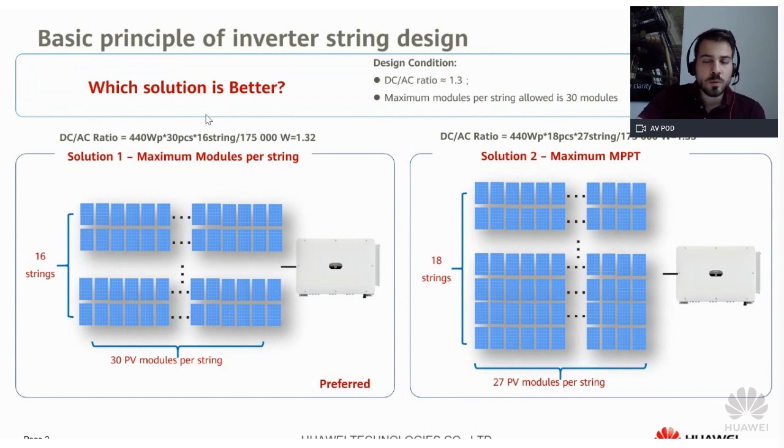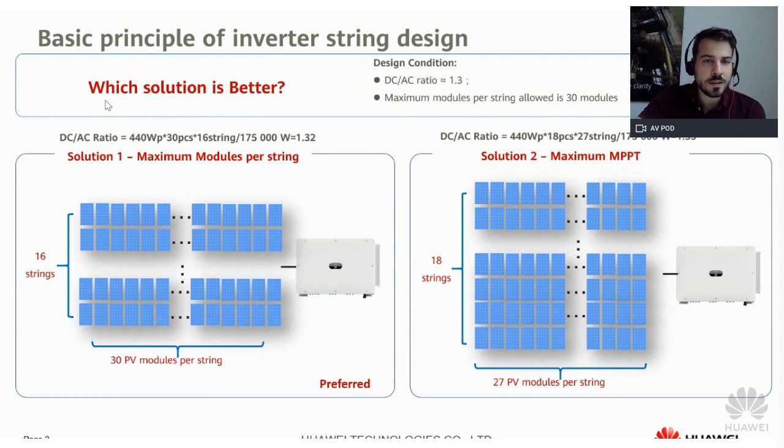But what we would like to say is that for the inverter itself, as was mentioned in the last webinar, usually the higher the number of panels in one string, the better, because the number of panels in one string has a direct correlation to the voltage of the string, and I will tell you why it is better to use a higher number of PV panels in one string.